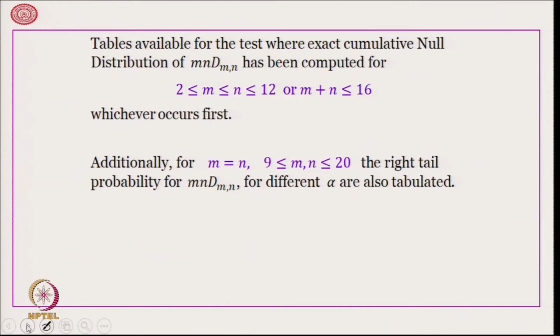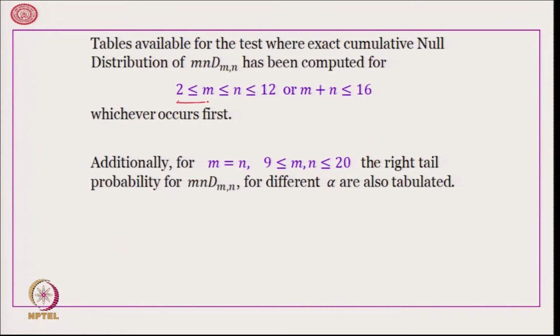Tables are available for this test for m and n between 2 and 12, such that their sum is less than or equal to 16. Additionally, when m is equal to n, that is, the sample size is the same for both x and y, then for all values between 9 and 20, the right tail probability for mn multiplied by D_mn is tabulated for some different values of alpha.